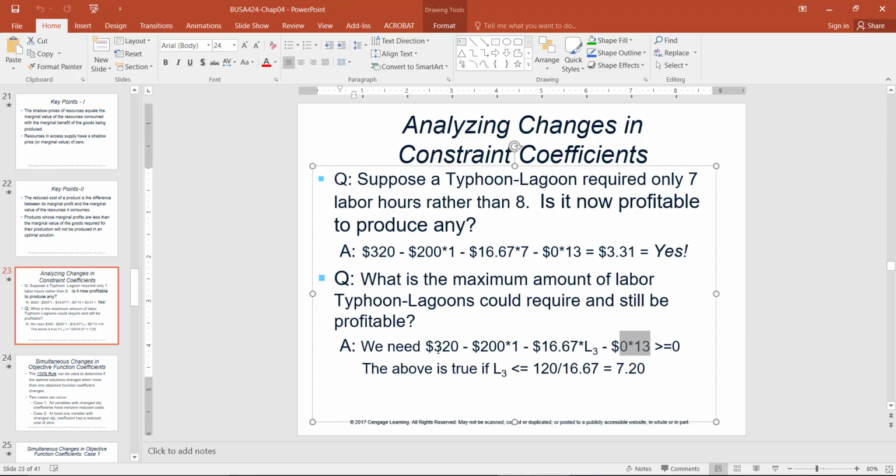So to do so, we just need to find the reduced cost, which is the profit that this product makes minus the cost associated with production of this product.